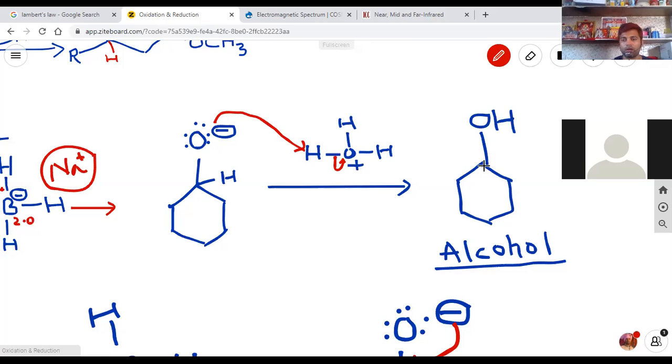So there is one hydrogen addition to the carbon and one hydrogen addition to the oxygen. But the hydrogen which is added to this carbon comes from the borohydride ion.